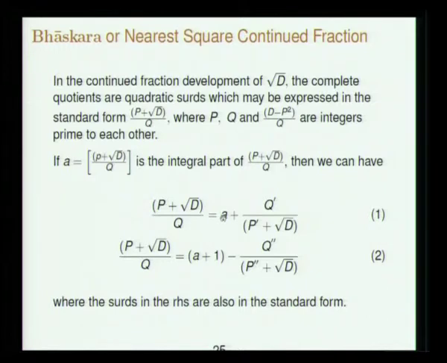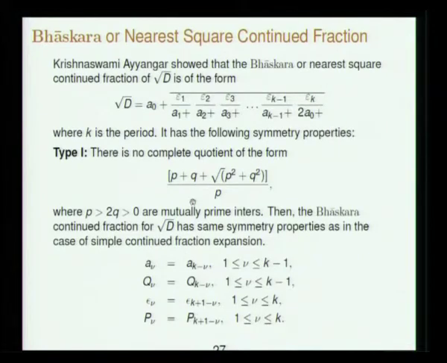So you choose a when p prime squared minus d is less than p double prime squared minus d, that is all that. Okay.